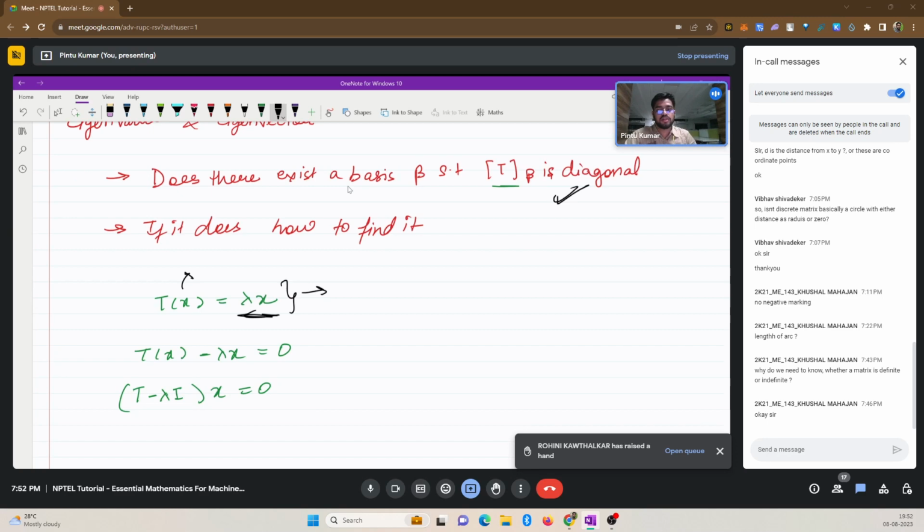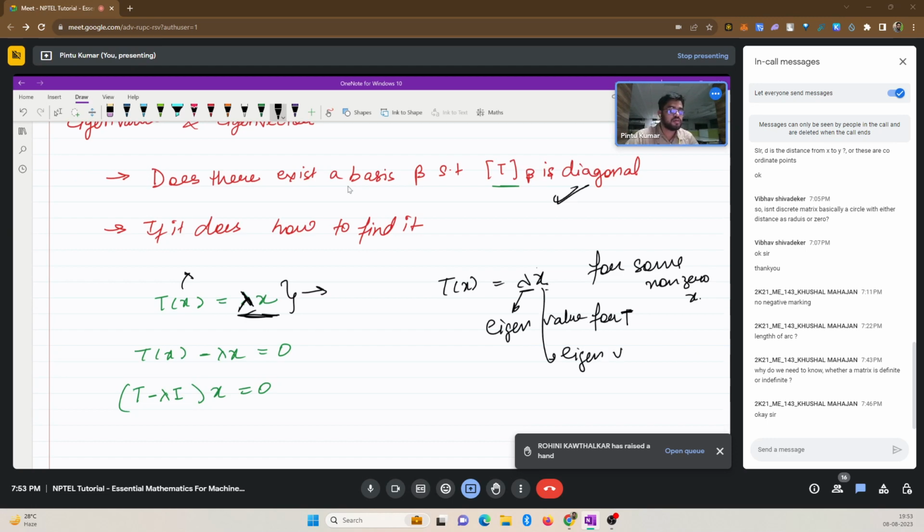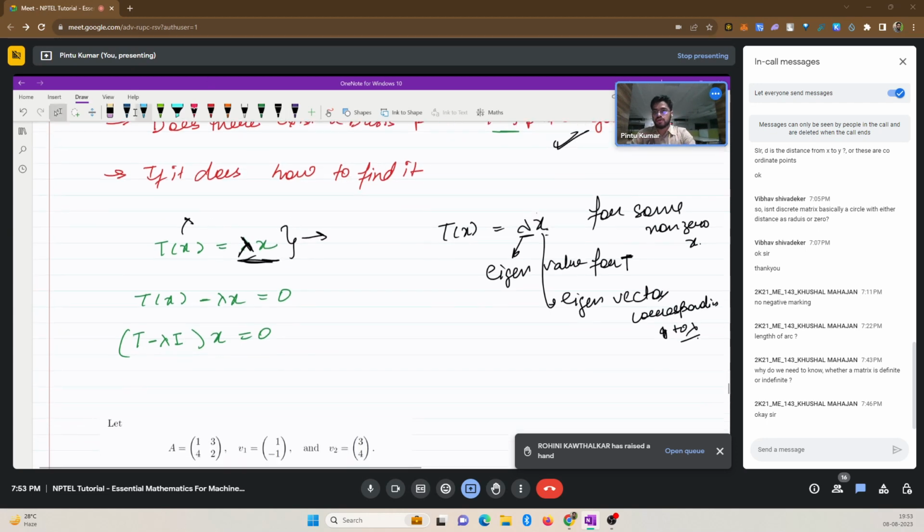People later call this property so: if you have a lambda that satisfies T of x is equal to lambda x for some non-zero x, because in a basis you want just non-zero elements, so zero vectors can't be part of your basis, then lambda is called an eigenvalue for T, and your x is an eigenvector corresponding to lambda.